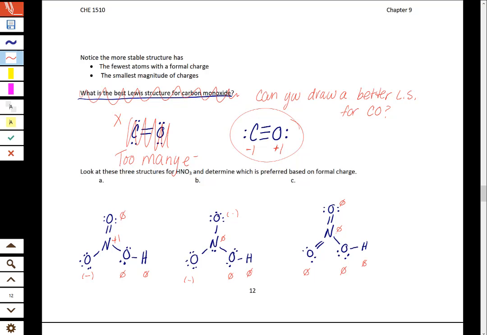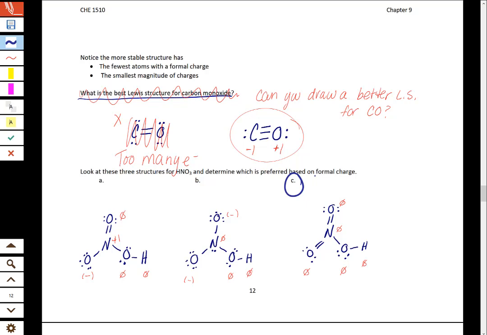All right, so pause for a moment if you need to and actually think about the question and what it's asking, right? It's asking which one of these is the best structure. So most of the time, students will choose letter C. And they will choose letter C because they see that everything has a 0 formal charge.